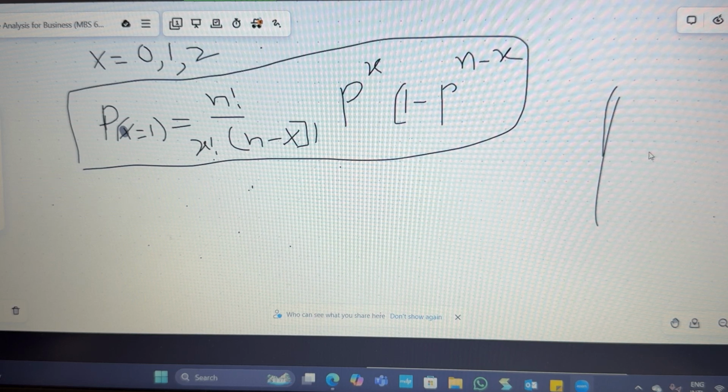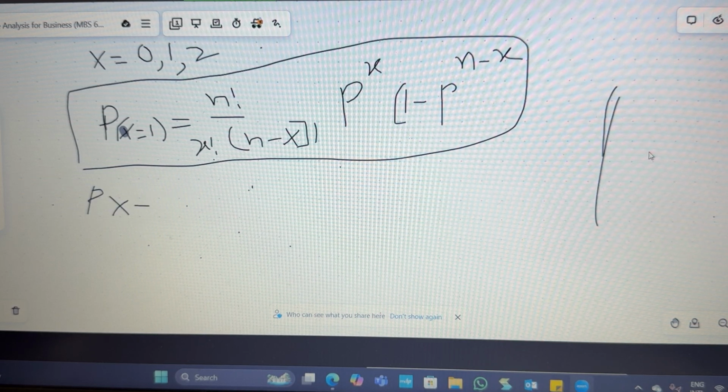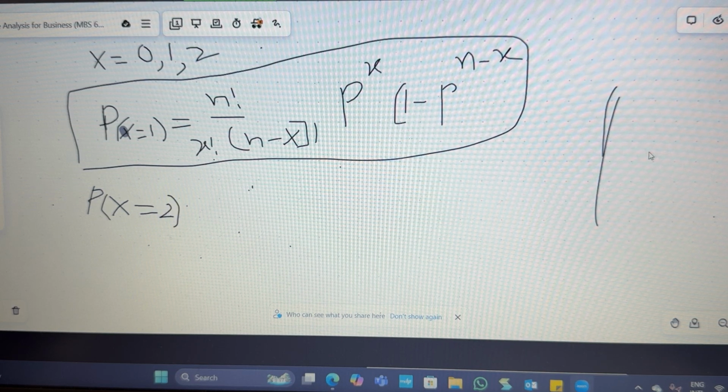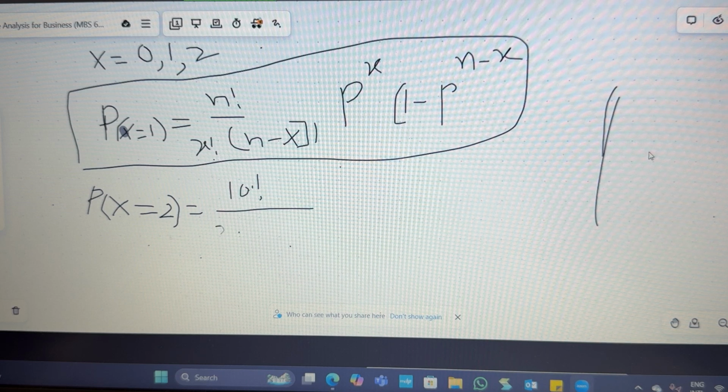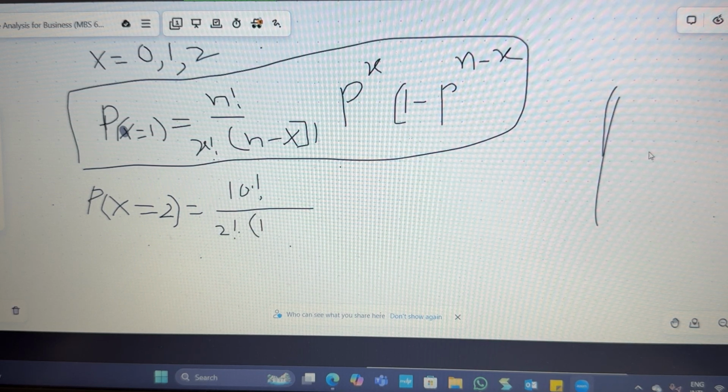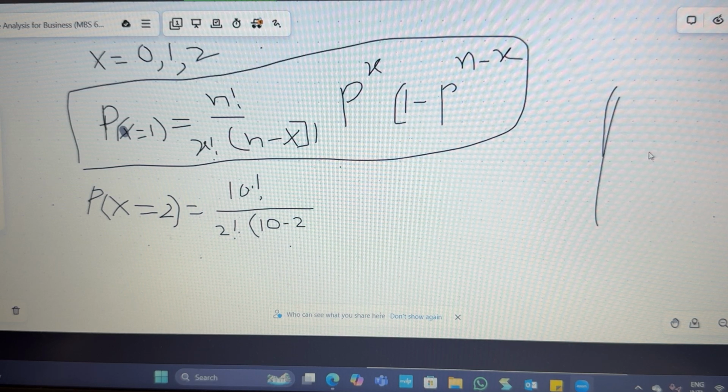Now x equal to 2. That also has 10 factorial, then x is 2 factorial, then 10 minus 2 factorial.